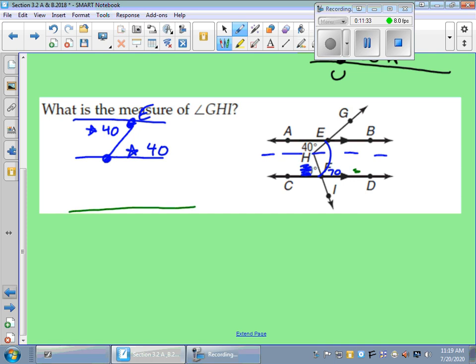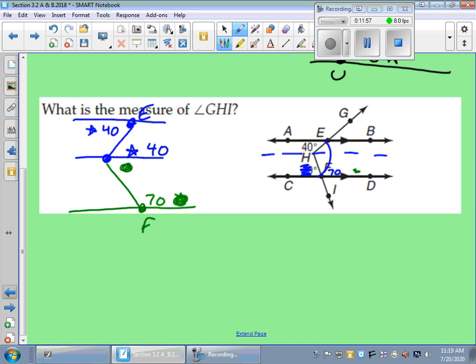So this is F. We're going to connect those, and we know right here, I just changed it, F is 70. What is the relationship between this angle and this angle? Those two angles are called consecutive interiors. And what do we know about consecutive interiors?